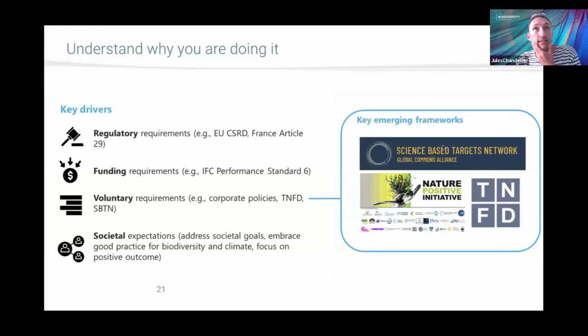Yeah, perfect. So I think that before getting into what the link is between biodiversity and business and how to integrate it, the first question is to understand why we are doing it or why we want to do it in the future. And for this, there are four main drivers. The first one is the regulatory requirement.